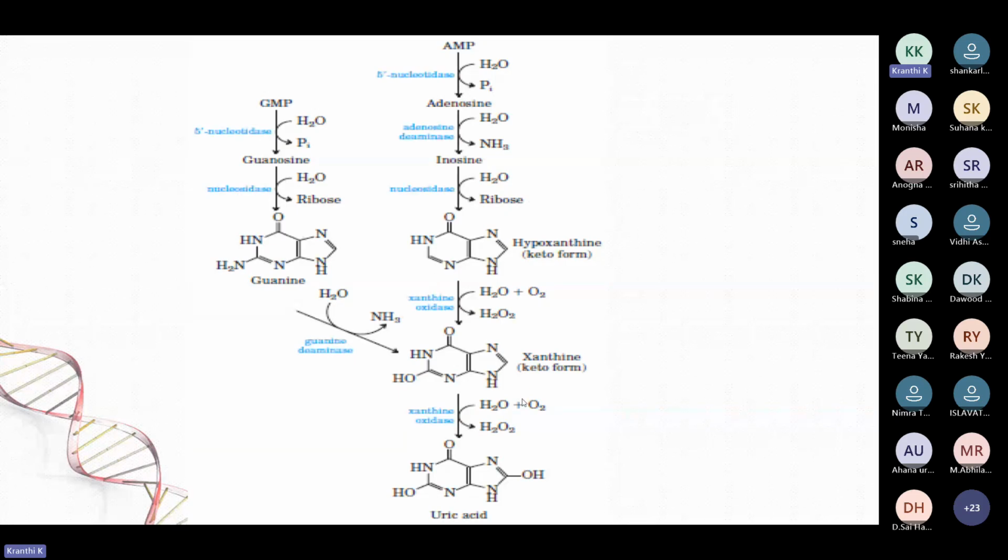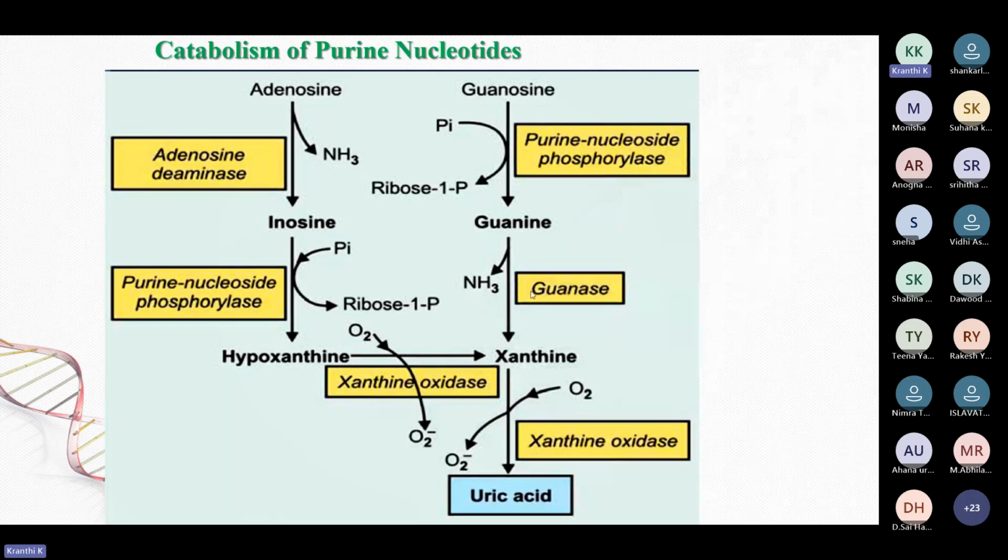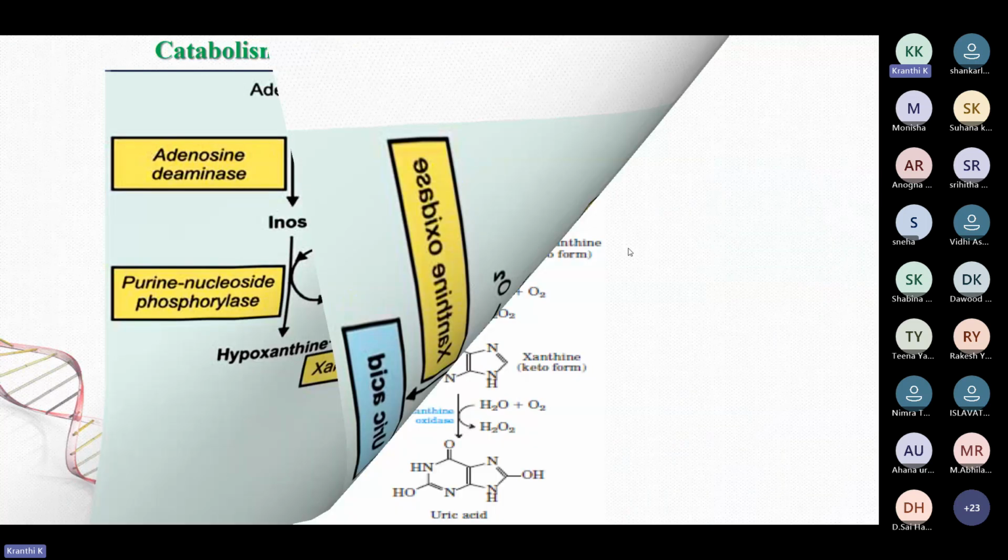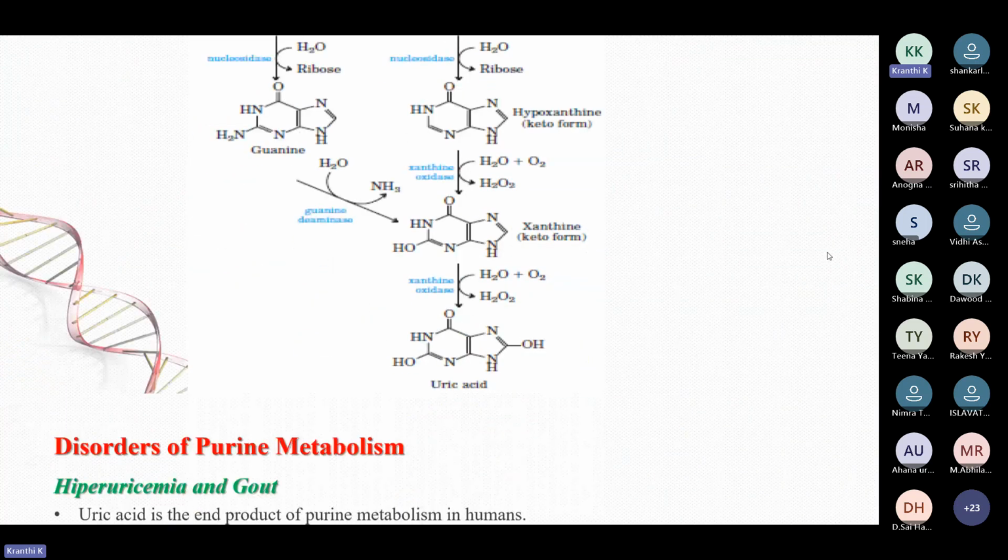With molecular structures you can write GMP, guanosine, then guanine, then xanthine to uric acid. Then adenosine, inosine, then hypoxanthine, then xanthine, finally uric acid. The same thing, but here we are using the molecular structures.